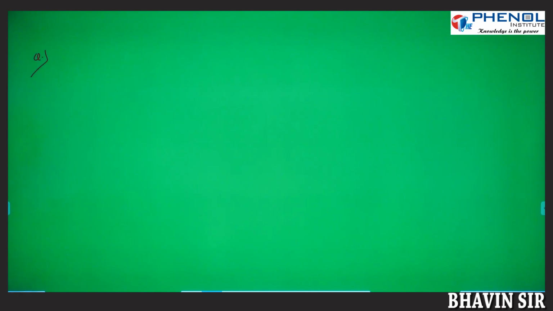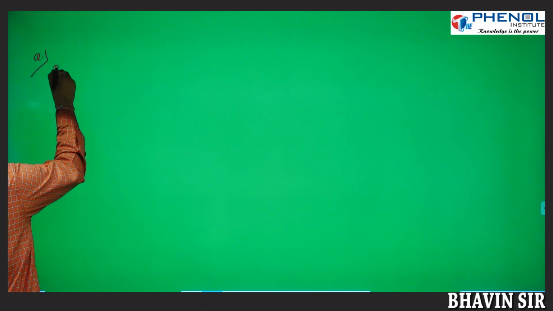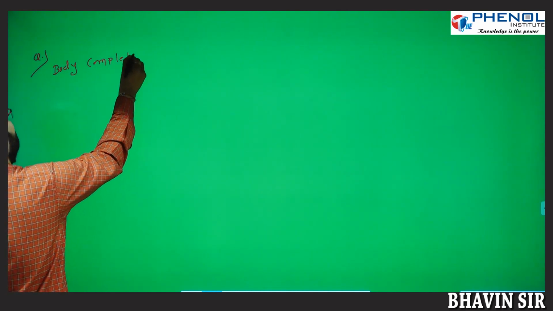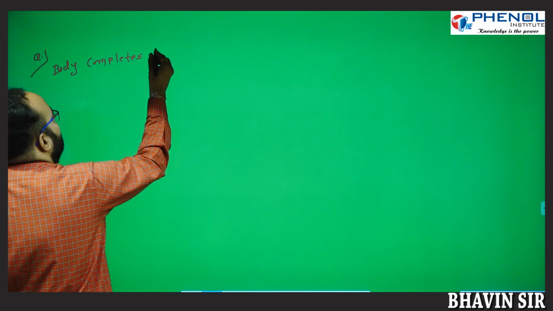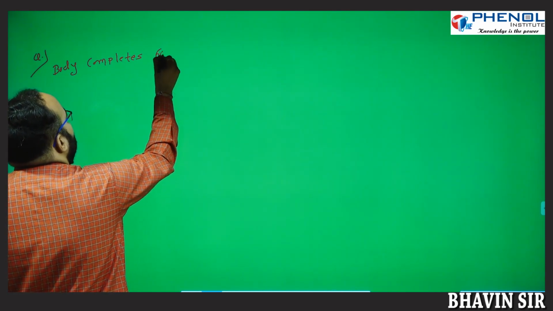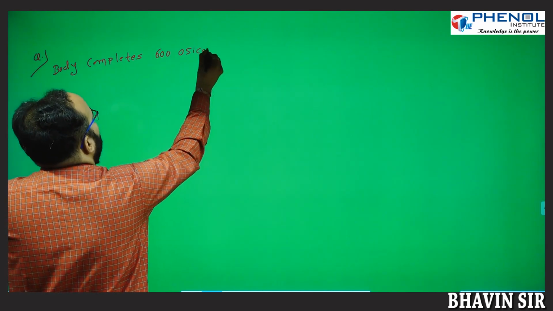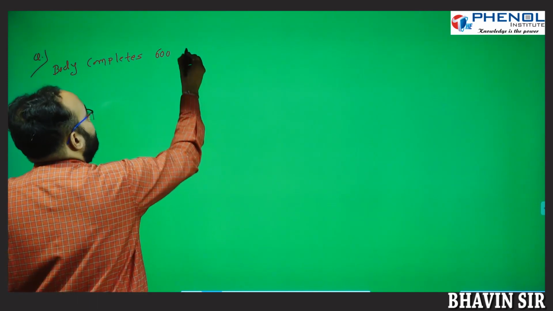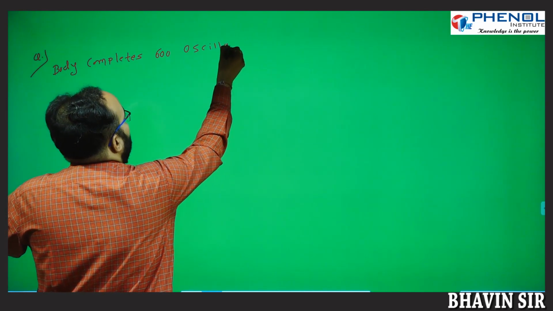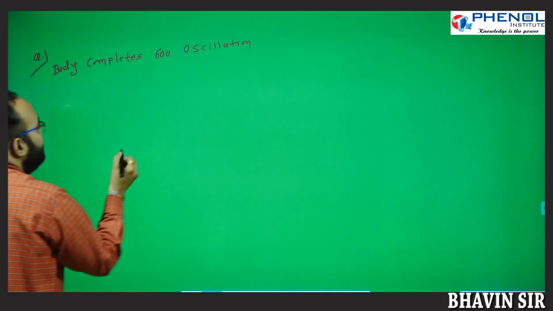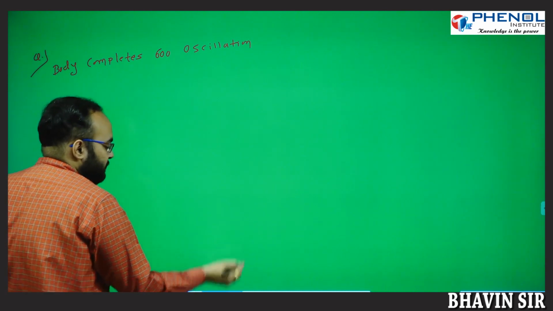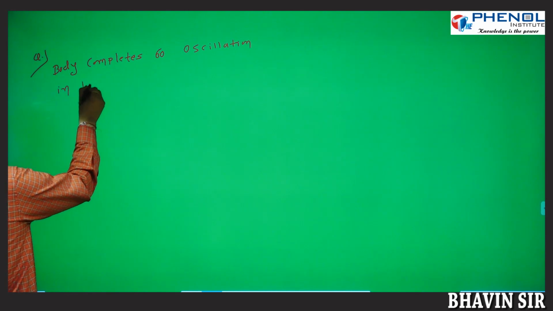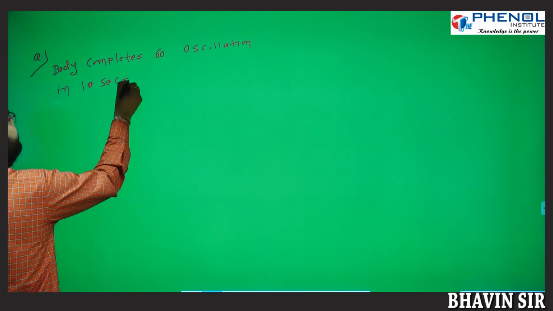Now see one question. A body completes 60 oscillations in 10 seconds.